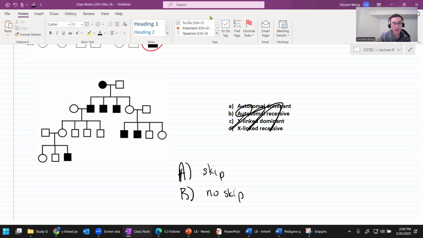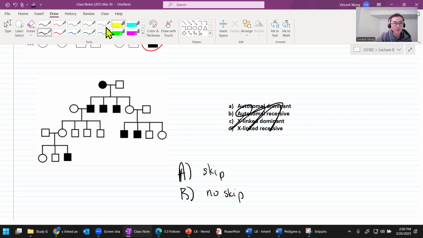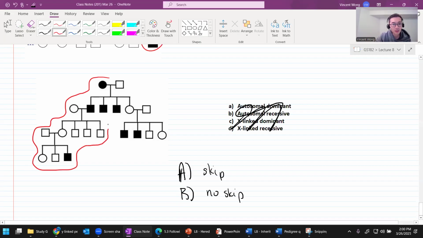All right, most of you got it right. This is skipping. Focus on one side of the branch, like over here. You're not necessarily looking at the entire pedigree. This is one branch of the family. Someone has it, and then no one has it, and then someone has it. That's skipping. If it skips, then is it dominant or recessive?